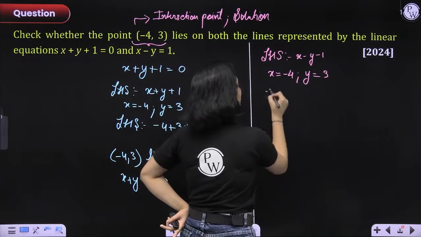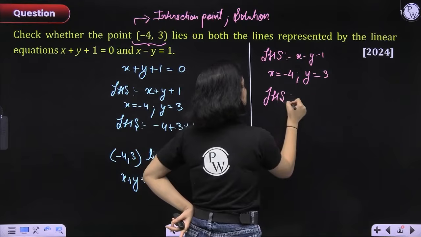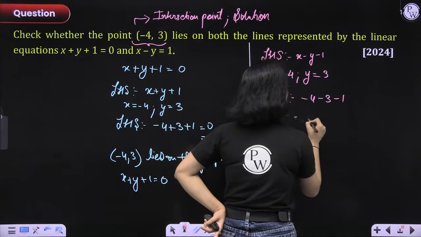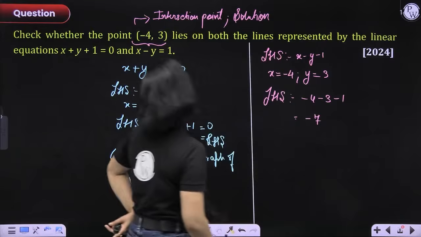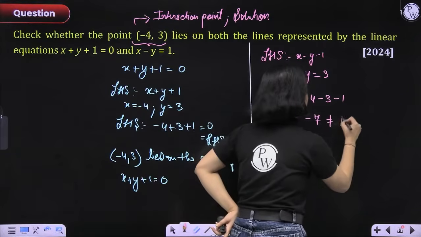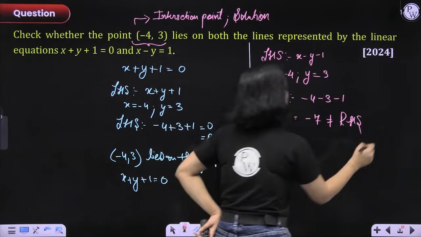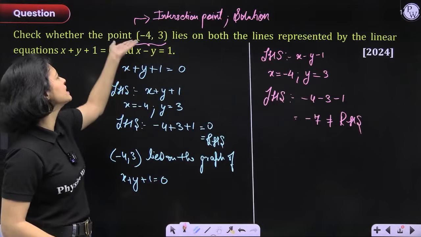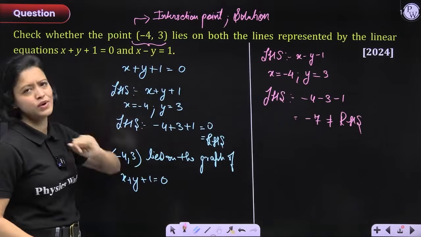So when we do that, what do we get? LHS comes out to be negative 4, negative 3, negative 1, which comes out to be negative 7. Now this is not equal to the RHS, which was 0. Or simply do x minus y is negative 7, which is not equal to 1, same thing.